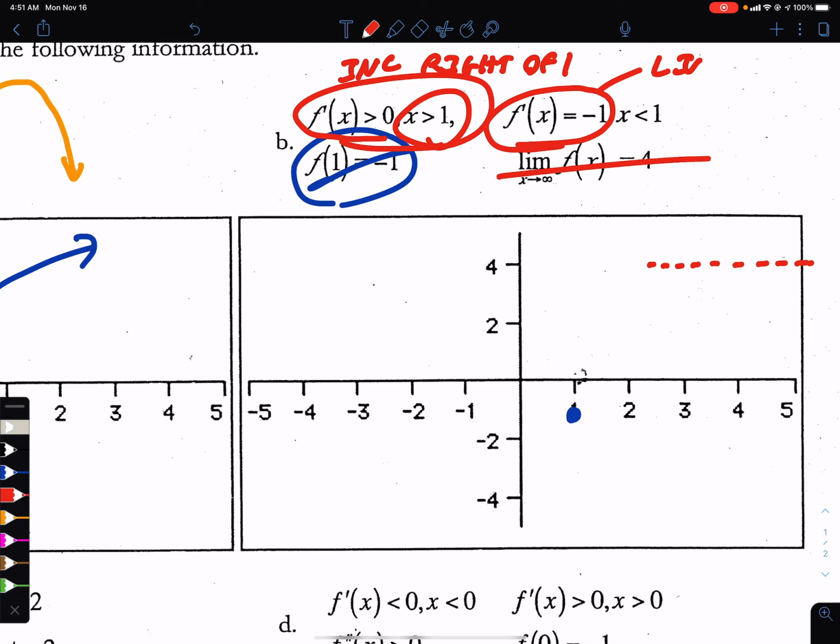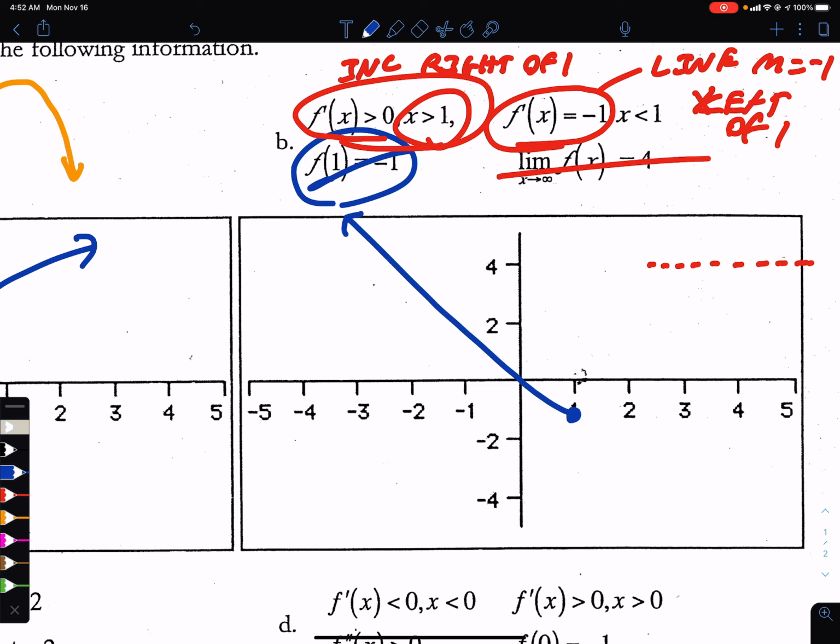So this is a line with a slope equal to -1 for x less than 1, so left of 1. So I can do that. Bam. So to the left of 1, it's a line with a slope of -1. We've taken care of that.